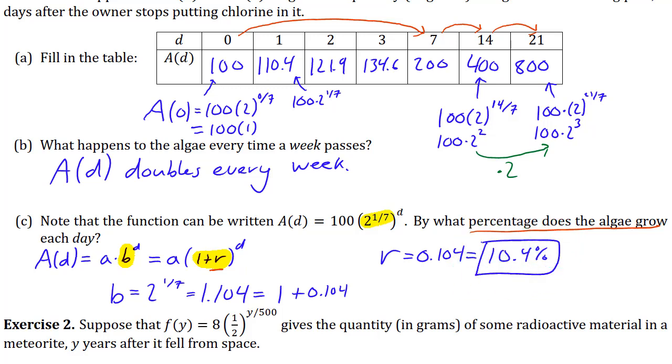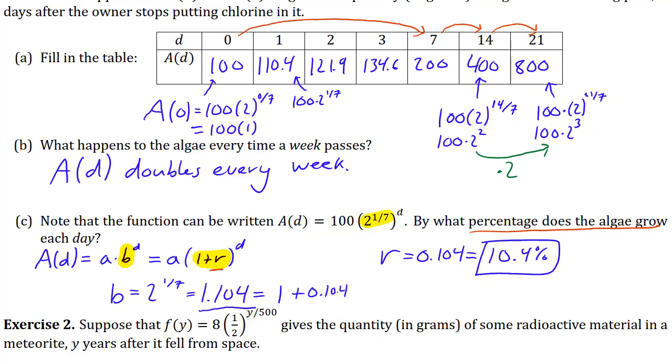So, to summarize, what's going on here is every time d goes up by 1, the amount of algae gets multiplied by another factor of 2 to the power 1/7, which is about 1.104. So multiplying the amount of algae by 1.104 is the same as increasing it by 10.4%.